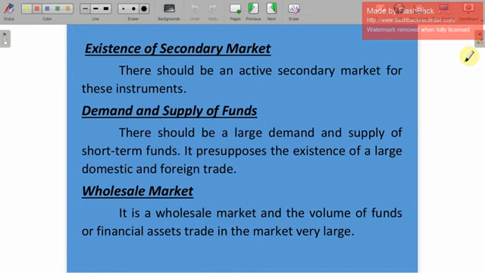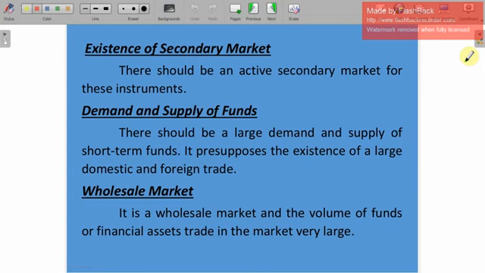It presupposes the existence of large domestic and foreign trade. So even for domestic and foreign trade we need demand and supply in the money market. It is a wholesale market, so large-value funds or financial assets can be traded in the money market.